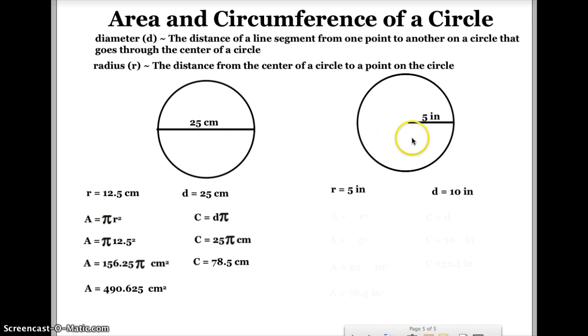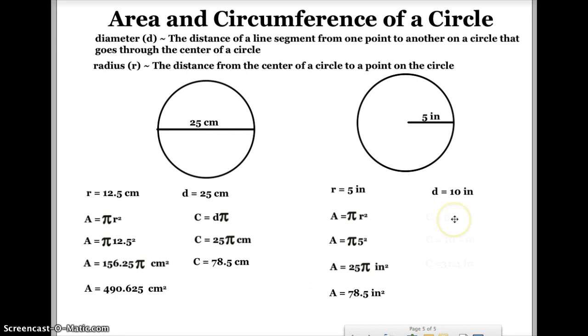If I do the same problem over here, I can use my area formula. Area is equal to pi r squared. Then I'm going to substitute 5 in for my radius, and I get area is equal to pi times 5 squared. If I square 5, I get 25 pi inches squared. And then if I take 25 times 3.14, I'm going to get area is equal to 78.5 inches squared.